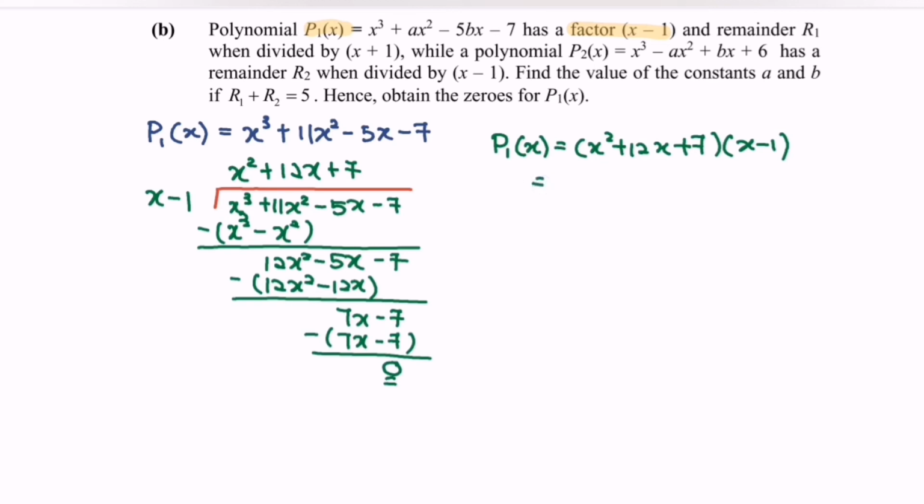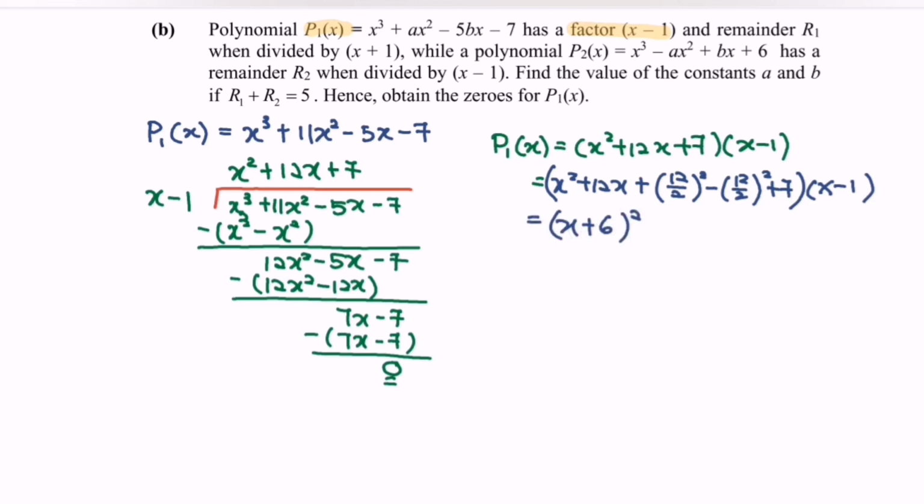So what we have to do is x squared + 12x + (12/2) squared - (12/2) squared + 7, times (x - 1). (x + 6) squared - 36 + 7, times (x - 1). Simplify the situation. So (x + 6) squared - 29, times (x - 1).